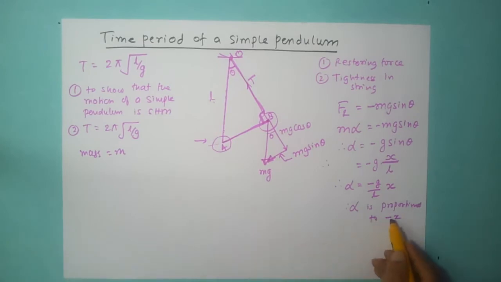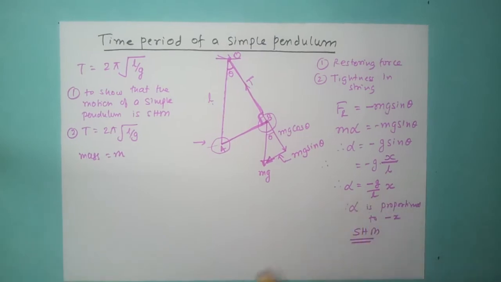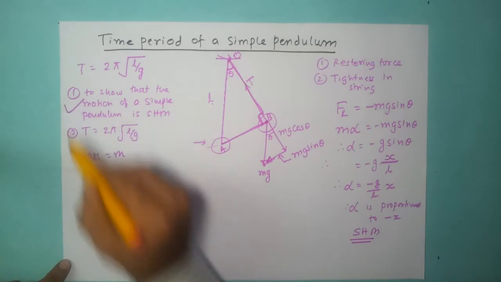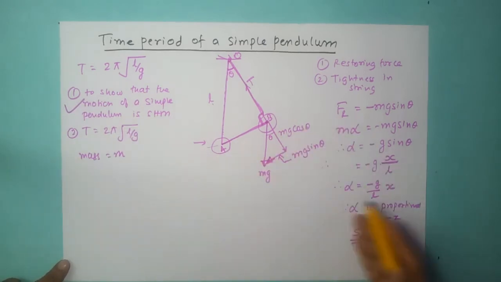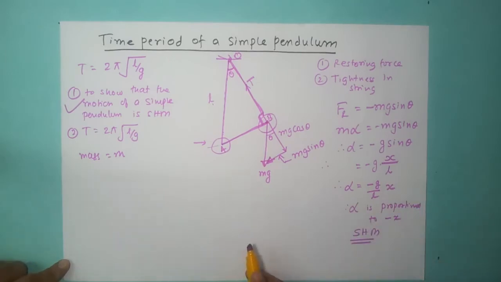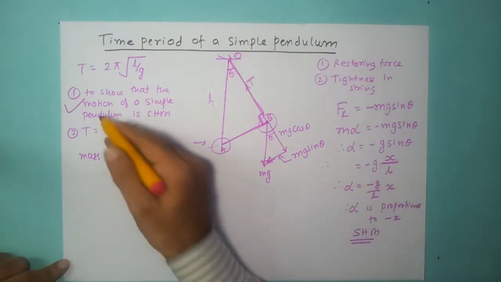When the acceleration is proportional to displacement and is opposite to it, that means this particular motion is simple harmonic motion. This was the essential condition for simple harmonic motion. So thus I have proved that the motion of simple pendulum is simple harmonic motion because acceleration is proportional to minus x, minus displacement.